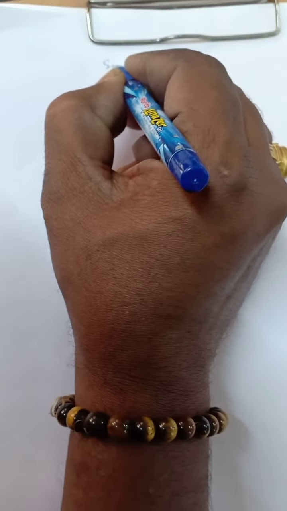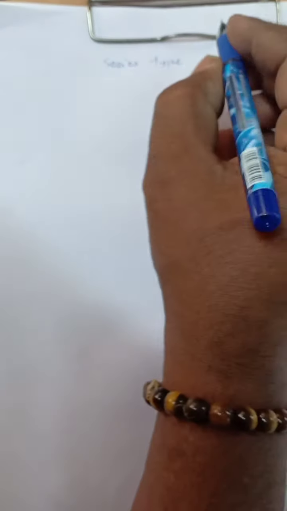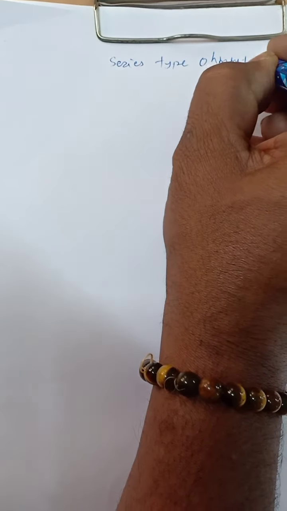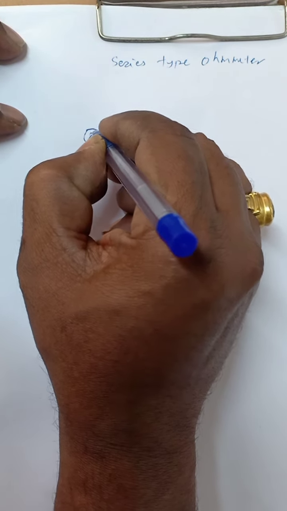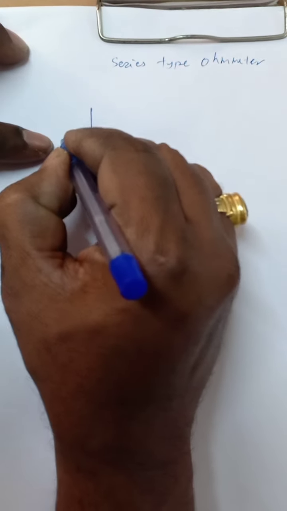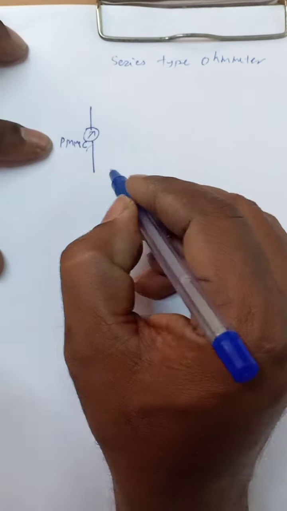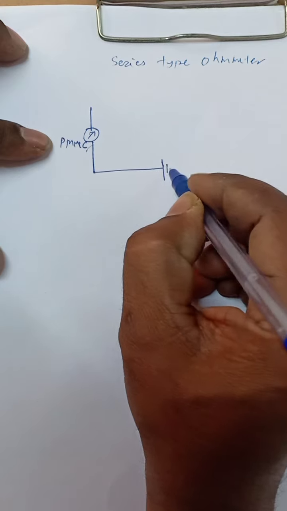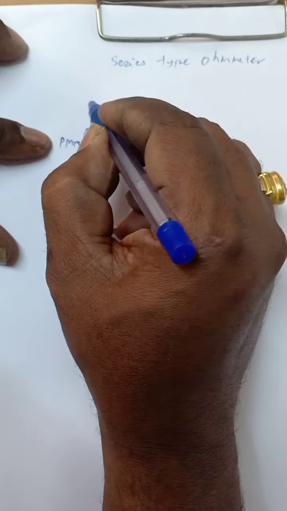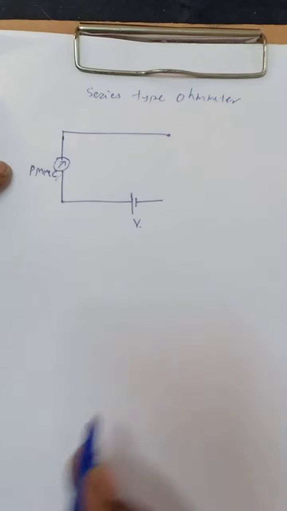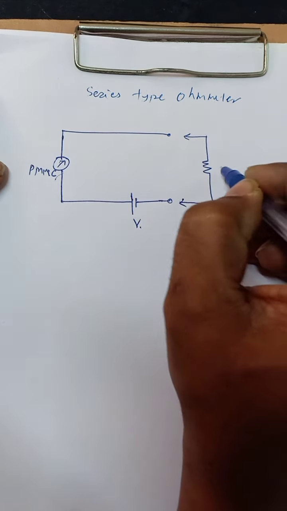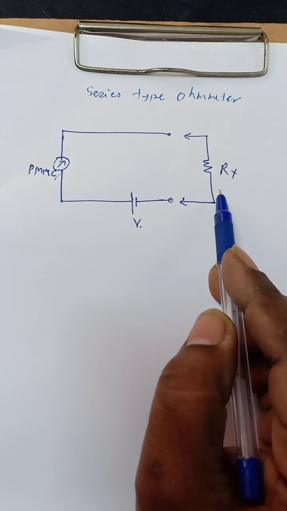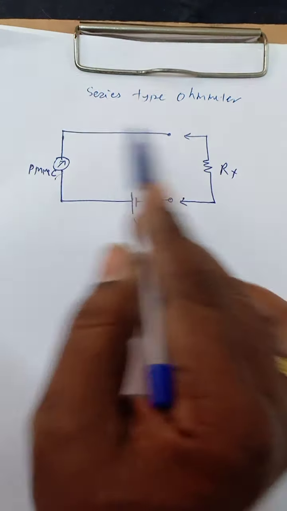So here in series type ohm meter, the permanent magnet moving coil, that is PMMC, and the internal voltage source V and the external resistor whose value should be measured, that is the unknown resistor, say Rx, and you are going to measure the resistance value of this Rx by using this series type ohm meter.